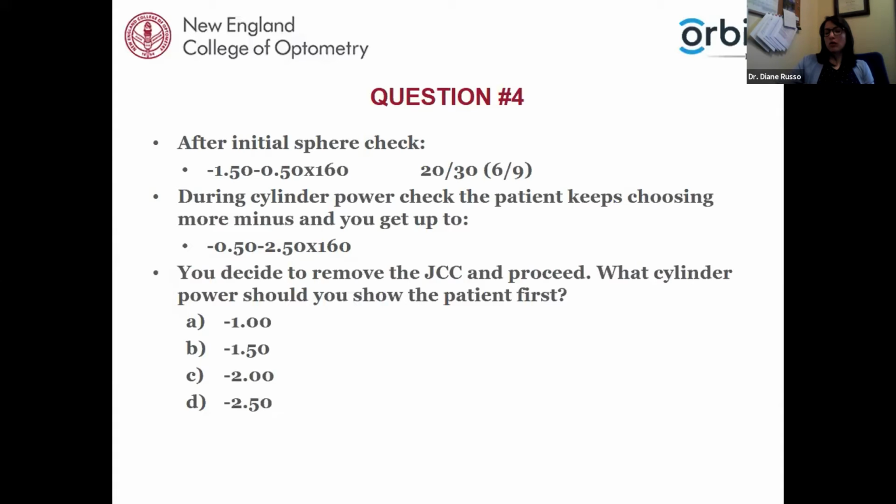So we know that with the -0.50 cylinder power, their acuity was 20/30. So we are probably going to need some additional cylindrical correction. So where might you start? All right, the majority of you said -1. Great, that is what I would have said as well.